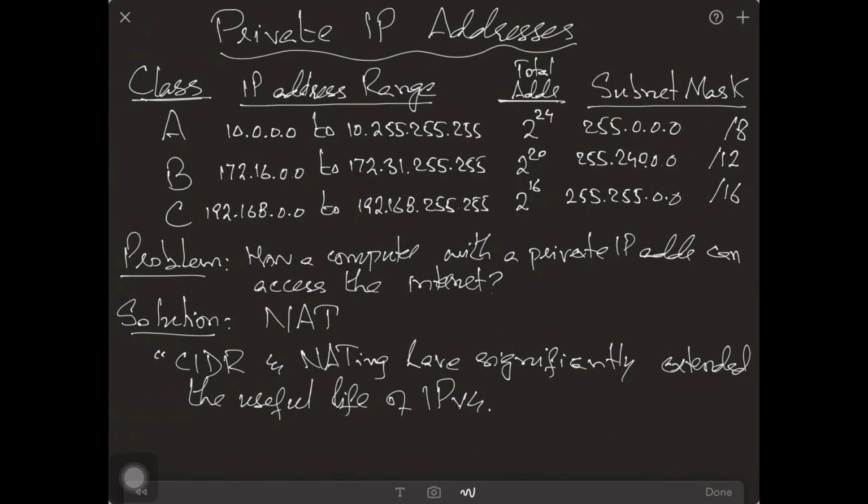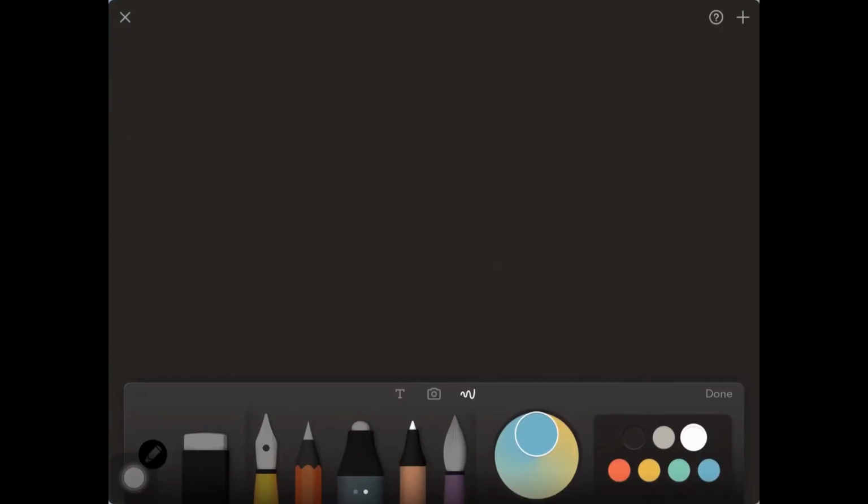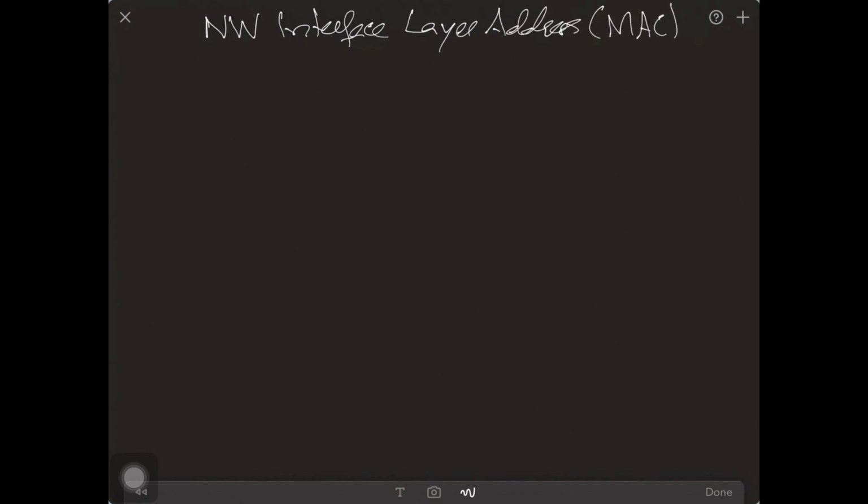So now we are done with the addresses on the internet layer, that is IP addresses. The last part is the addresses that are used on the last layer, that is the network interface layer address, that is MAC, Media Access Control address. This is a 48-bit address.